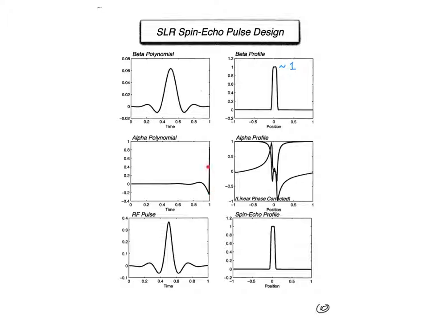Sorry, this is the alpha filter that still has a very large DC coefficient, but also has more features away from that. Then the RF pulse is obtained by taking these two polynomials and putting them into the inverse SLR transform. That gives us the RF pulse, which then has this spin echo profile, which is equal to beta squared.